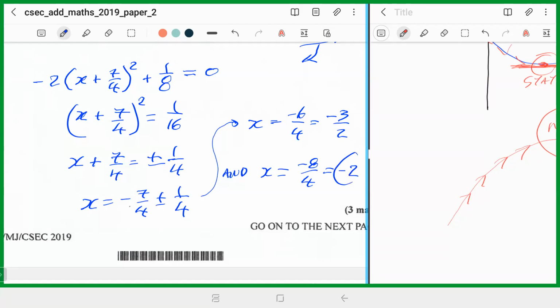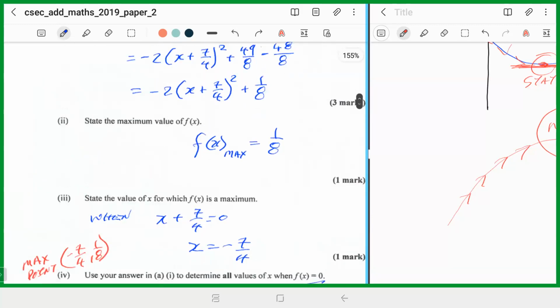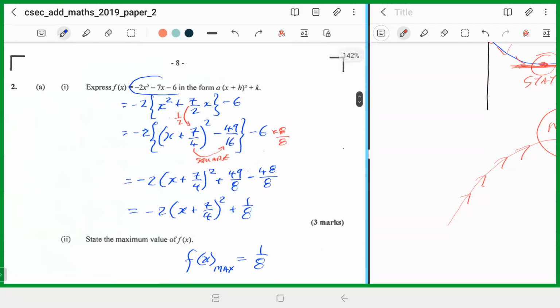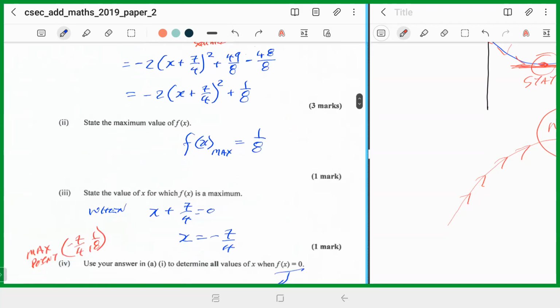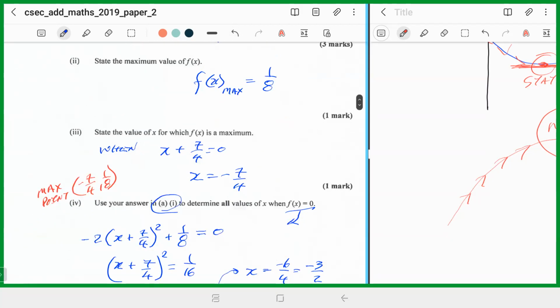So based on these values, these are exact values, it means that this could have been solved by factorizing. We don't want to do that. The question is forcing us to use this form to do it. That's what it says: use your answer in A1 to do it.